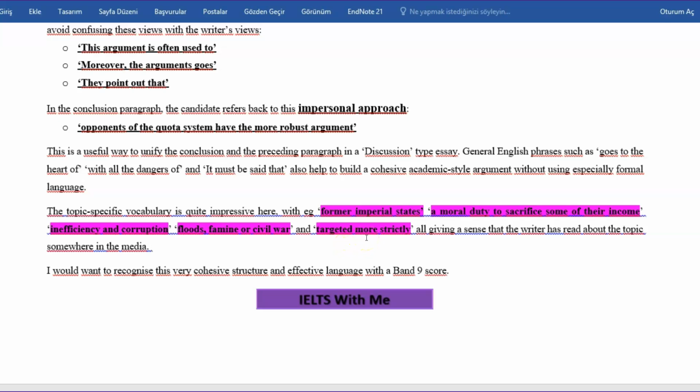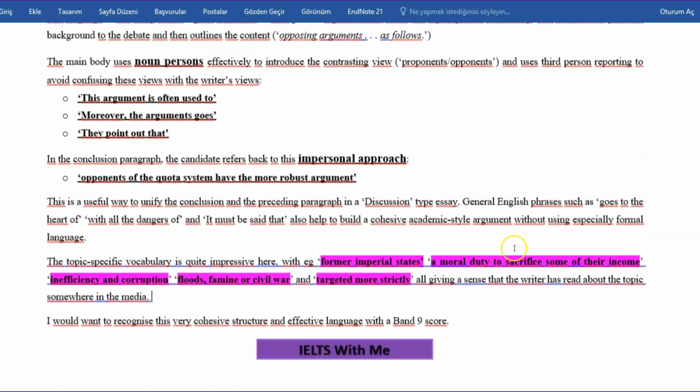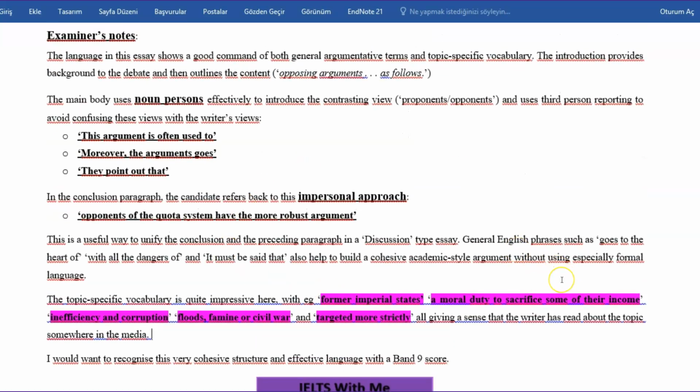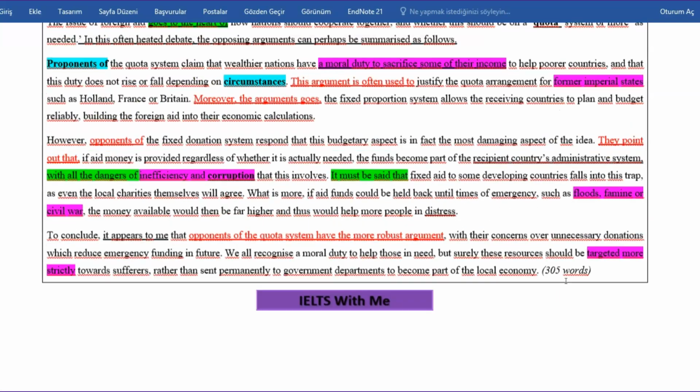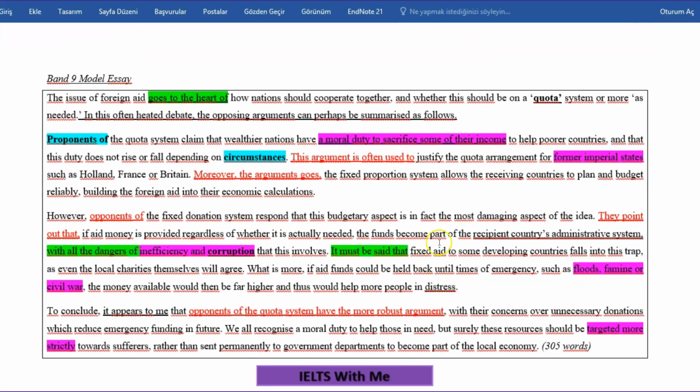Okay, which shows the examiner that the candidate actually has read about the topic somewhere in the media, right? So with the help of these strategies, the candidate deserves a high band score, a band 9, right?